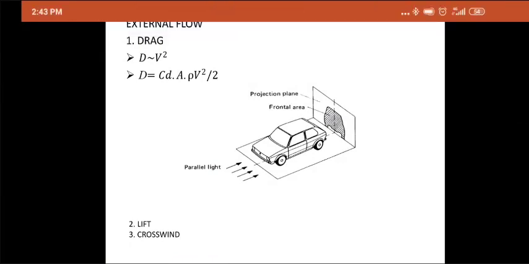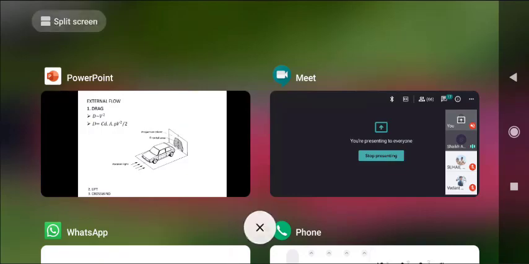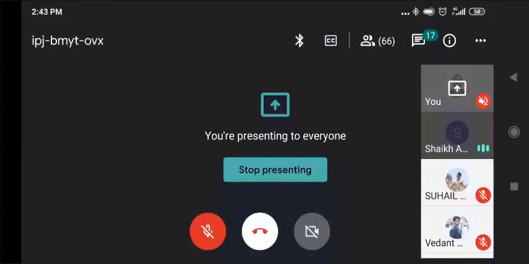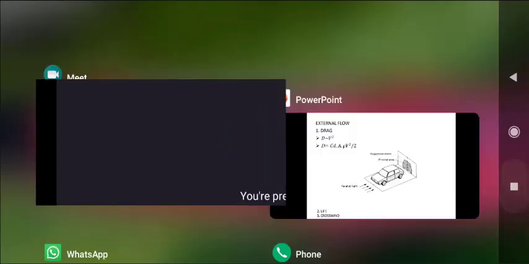Internal and external flow. Now the flow that flows around the vehicle is divided into two parts, internal and external flow. The external flow causes drag, lift and crosswind.